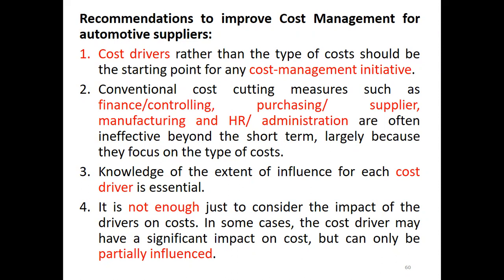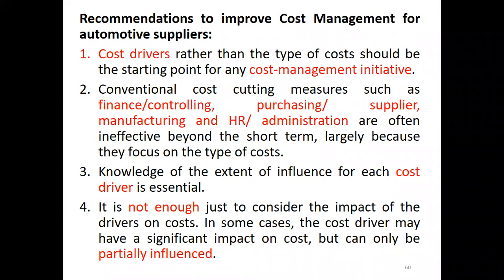So we should not go for conventional cost cutting techniques department wise, largely because they focus on the types of cost. So we are not going to use this kind of approach. We will use the original cost drivers on the basis of a list of activities. So departmental cost we will not consider over here.